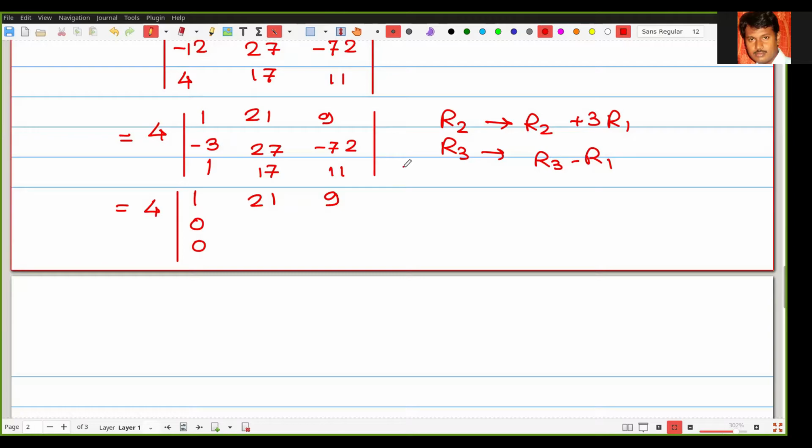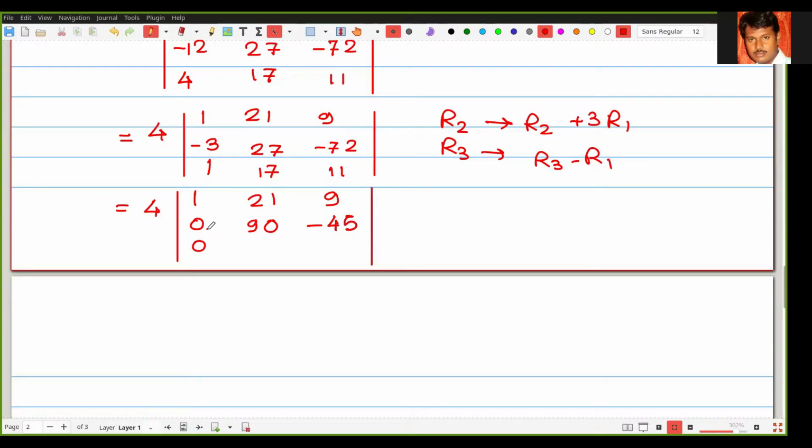Row 2 is now row 2 plus 3 R1, so that one is 0; 27 plus 3 R1 is now 90; and minus 72 plus 27, sorry, that is minus 45.